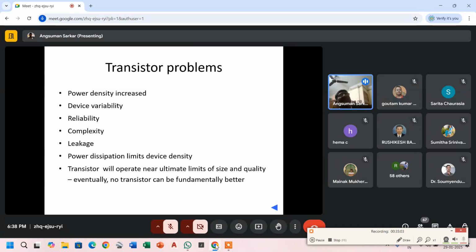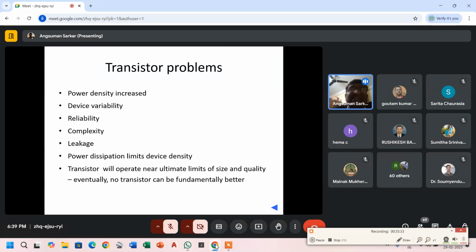But previously, for a long channel transistor or a large transistor, the number of electrons required to make it in on state is some 10 to the power 15 or so. For one transistor it is 1 into 10 to the power 15, for another transistor it is 5 into 10 to the power 15. The difference is not that much.